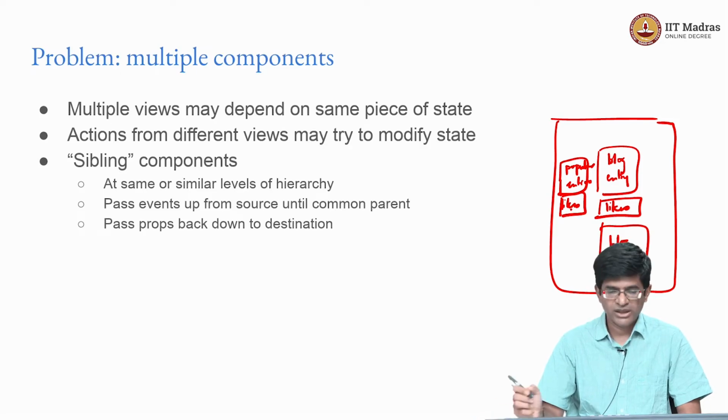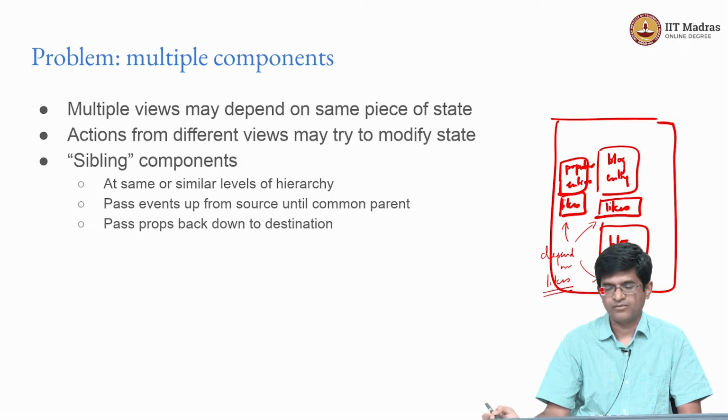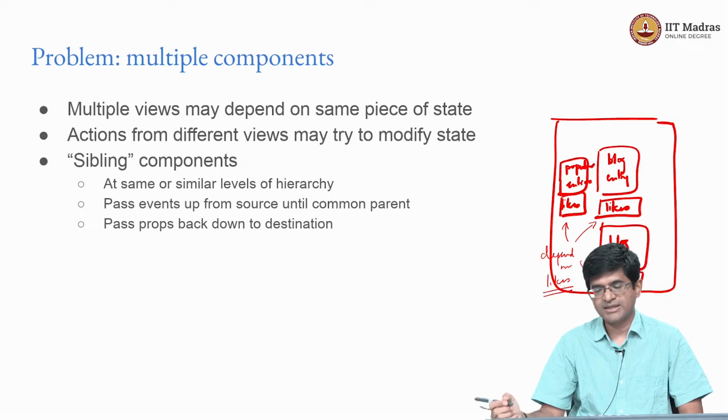So clearly what we can see over here is that this and this all depend on the number of likes. So how do I handle something of this sort? I basically have something where there are multiple different components, all of which potentially depend on one variable.